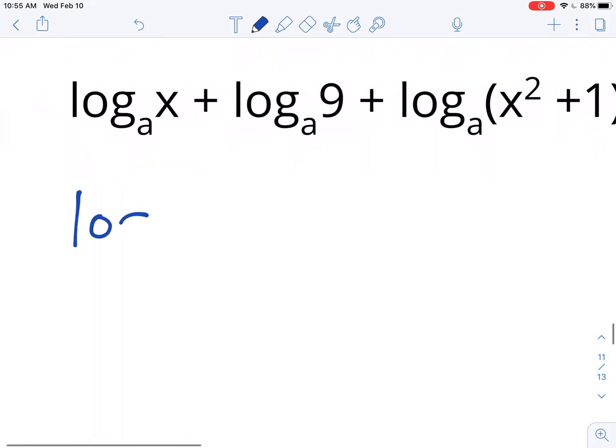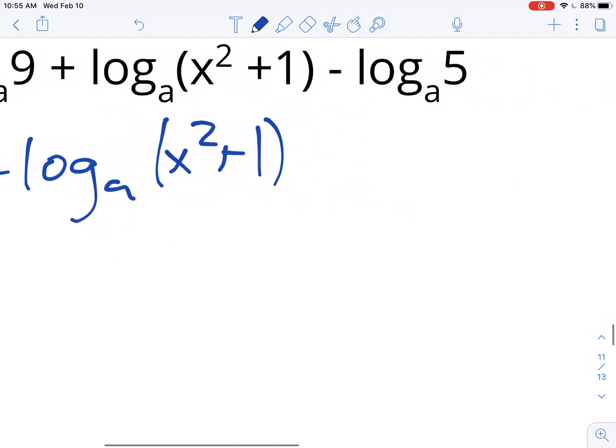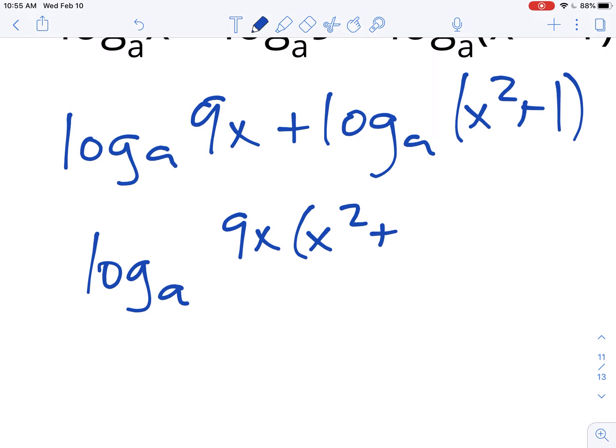So I'm going to rewrite this as the log base a of 9x plus the log base a of x squared plus 1 minus the log base a of 5. I'm going to rewrite this as the log base a of 9x times x squared plus 1.